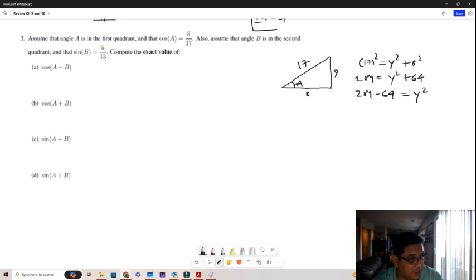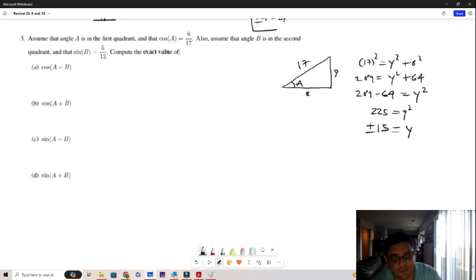And that's going to be equal to 225. And then we're going to take a square root of that. So the square root of 225 is going to give me 15. So I'm going to get y is plus or minus 15.